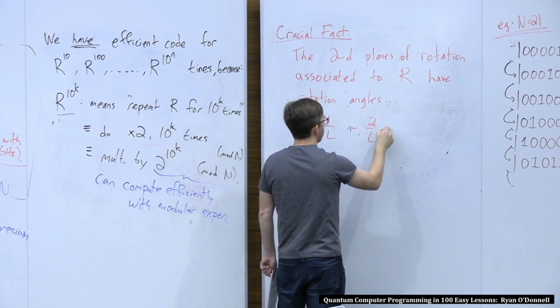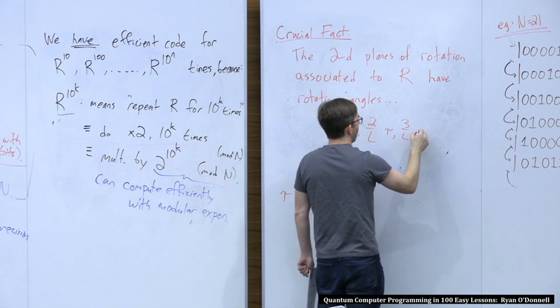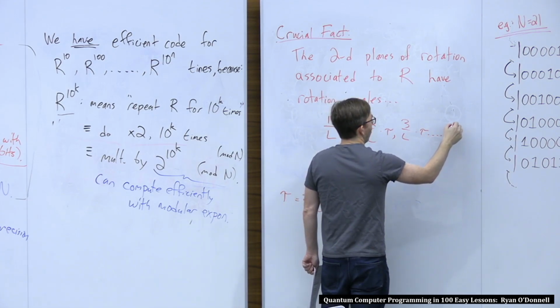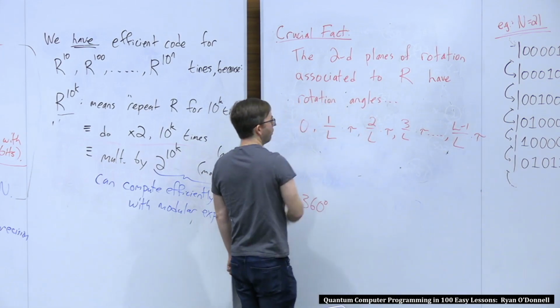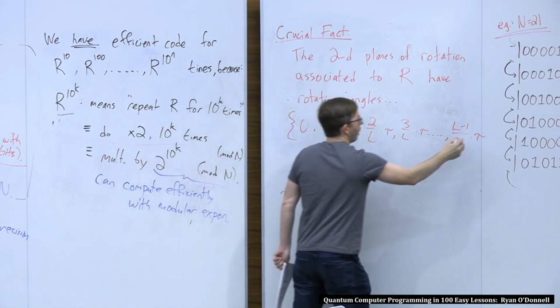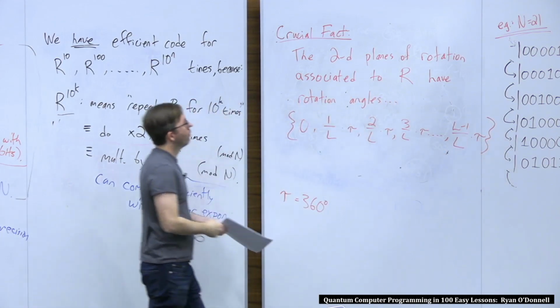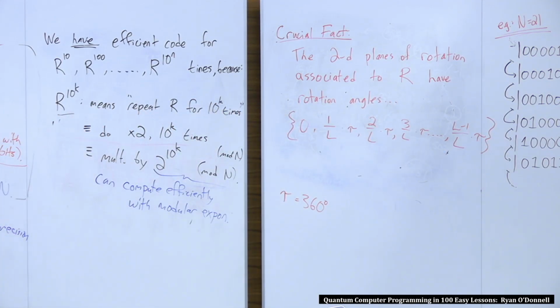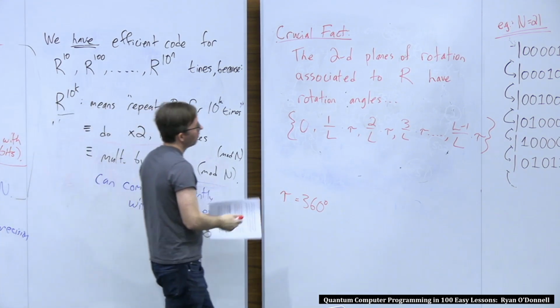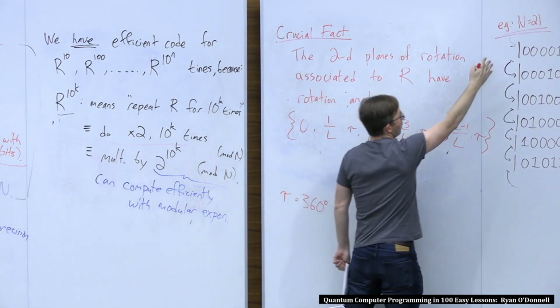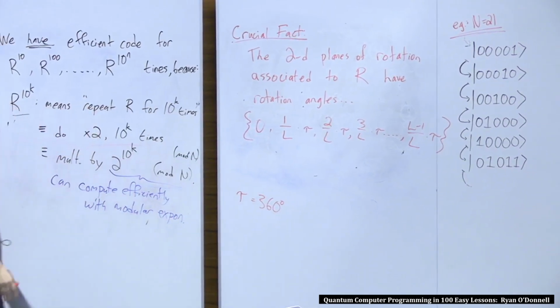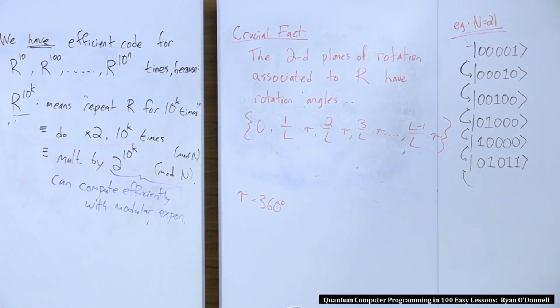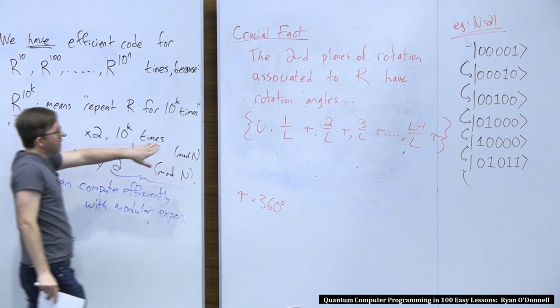And 2 over L times tau, and 3 over L times tau, and L minus 1 over L times tau, and also 0. So it has all these planes of rotation. And technically, I should say this is for R restricted to just the stuff spanned by the basic states on the cycle. But anyway, we'll get into that comment later. Yeah, they have these as the rotation angles.